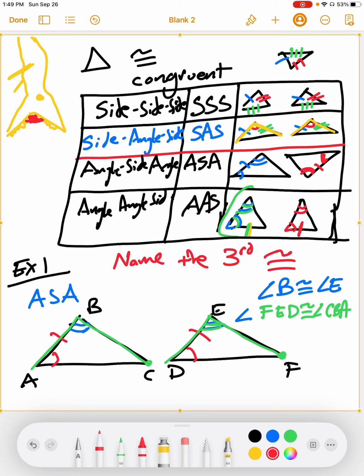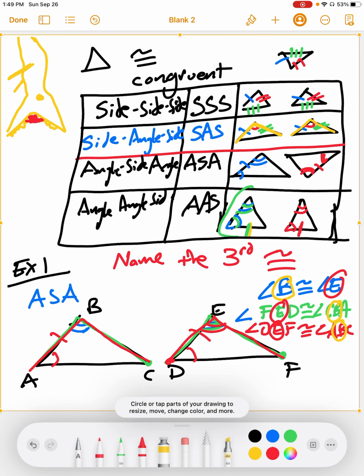Okay, or we could say the other way, DEF, referring to this angle, is congruent to angle ABC. Notice angle B, right? And angle B ended up on the right here, but notice it's always in the center. Angle E in the center. Okay, that's always going to be, when you name it with 3 letters, it's always going to end up in the center. Okay. All right, one more.